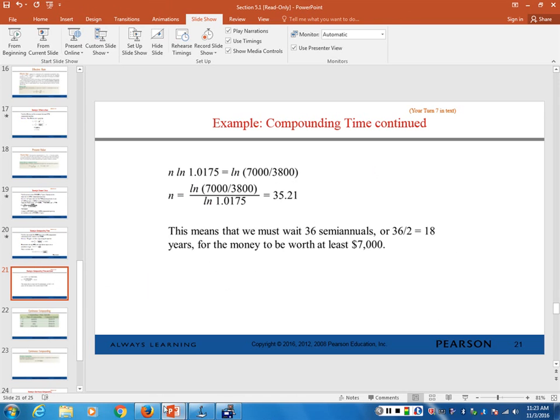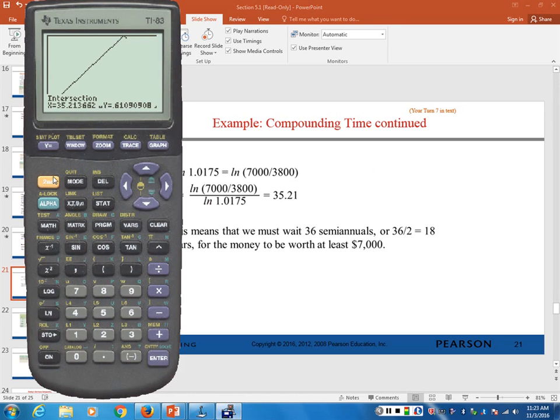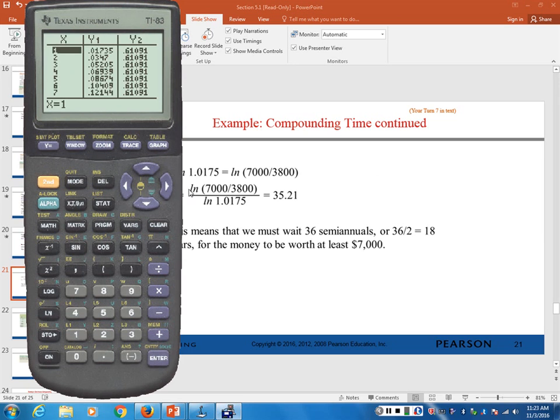The third way to do it would have been to use your calculator, go onto your table, and probably the best thing to do is to set your table up to where it starts at 1 and increments by 1 and then automatically fills in your table. So then you can go to the table, and what you're looking for is where y1 and y2 have the same value.